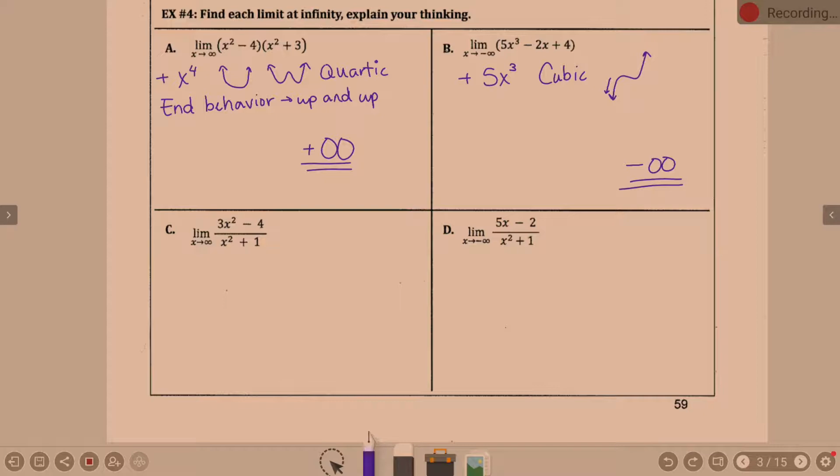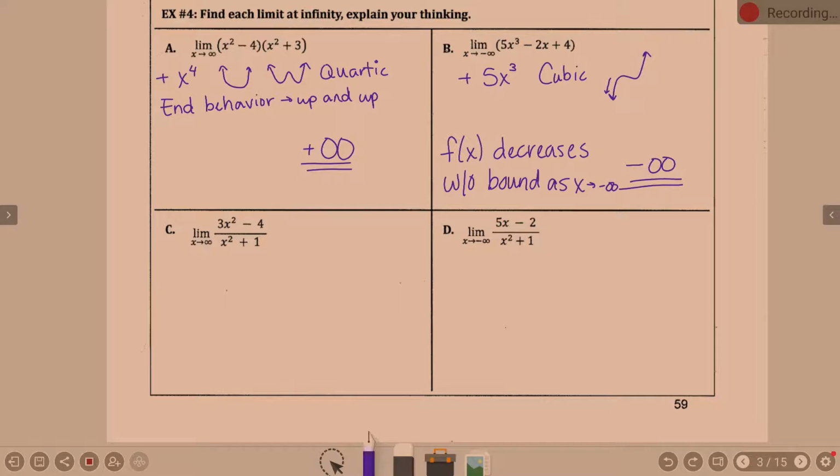F of x decreases without bound. And maybe I should be throwing in that vocabulary there: it decreases without bound as x approaches negative infinity.